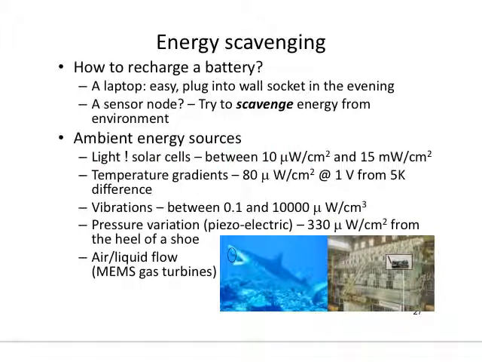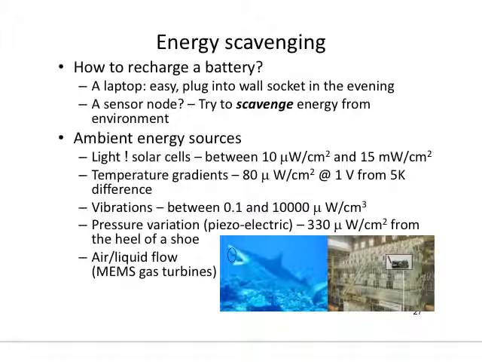Examples are solar cells and temperature gradient. So any change or any gradient in temperature, even like 5 Kelvin, can produce about 80 microwatt per centimeter squared.